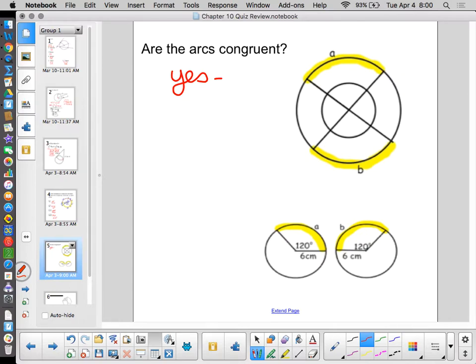How do you know they're congruent? Explain this to me. What do you got here? Okay. Good. Vertical angles are congruent. And the arcs are in the same circle, right?